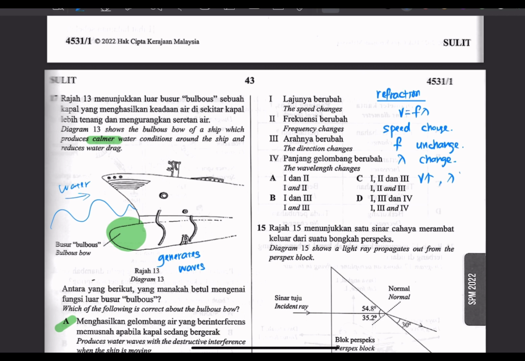When speed increases, wavelength increases. Speed decreases, wavelength decreases. So reflection, the speed will change, yes. Frequency change, no. The direction of the wave changes, yes also. The wavelength changes. So 1, 3, 4.